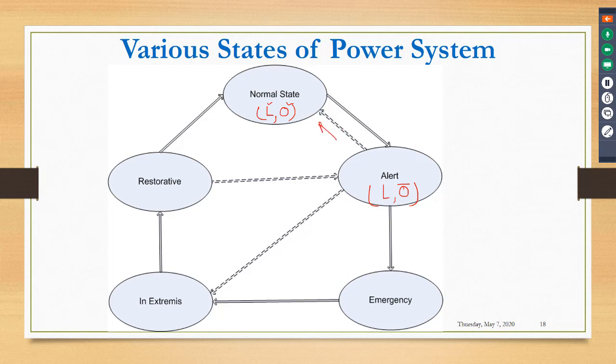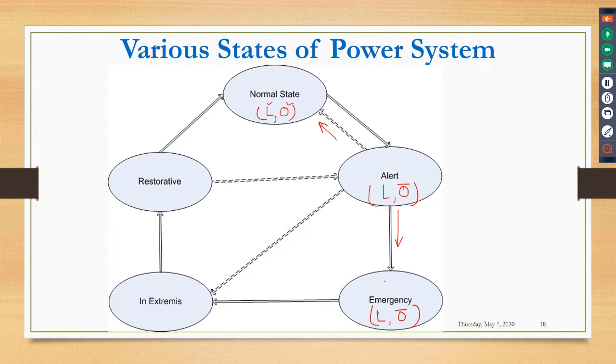If some action is not taken, then finally it will go to the emergency state, where your L and O are violated. That means your line constraint and operating constraint are violated.